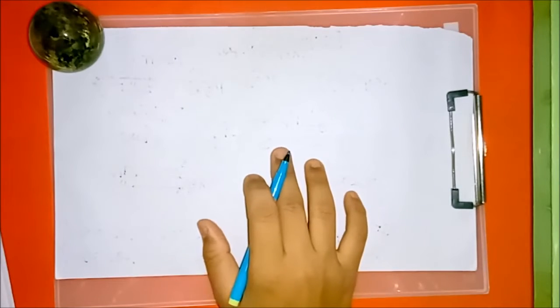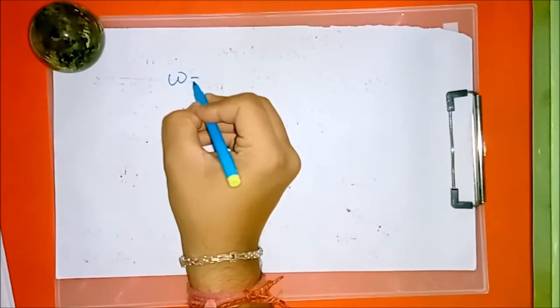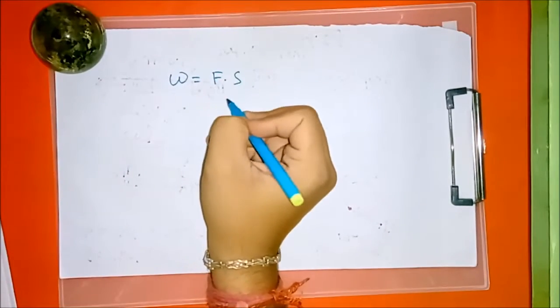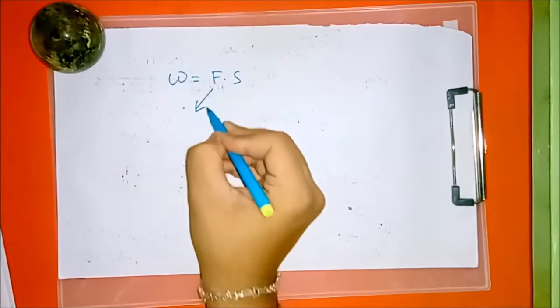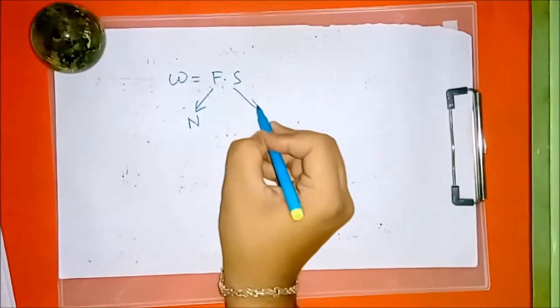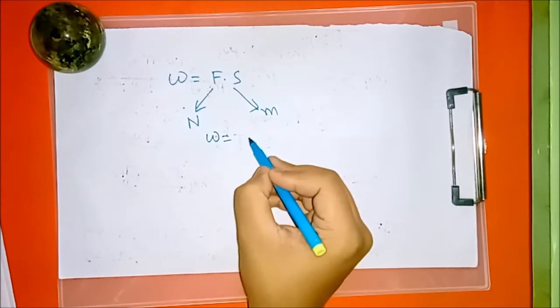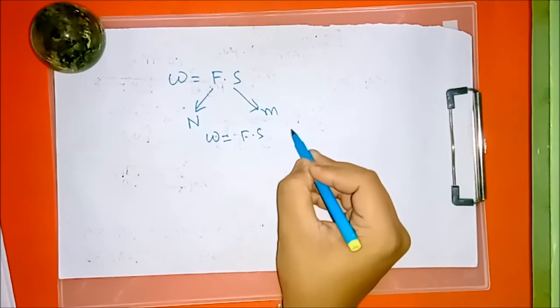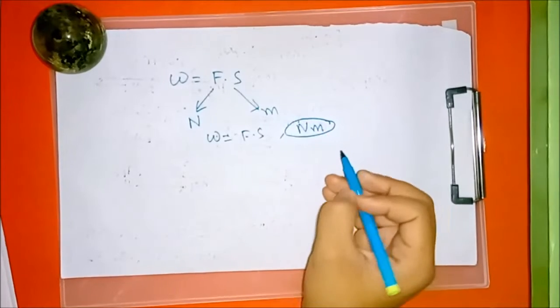Work done is a physical quantity, so it must have certain units. Now we know that work is equal to F dot S from our study till now. The unit of force is Newton and displacement is meter. So the unit of work done will be Newton meter.